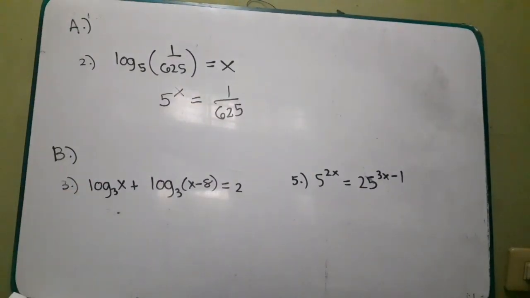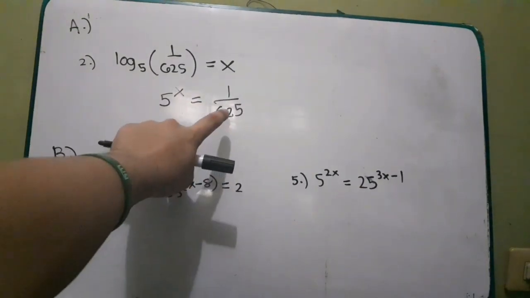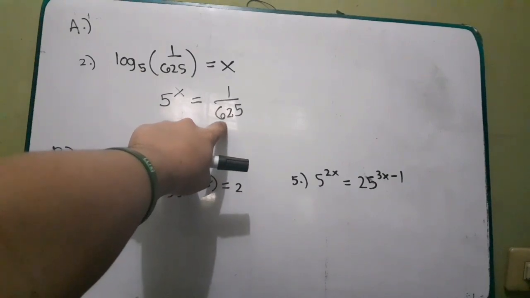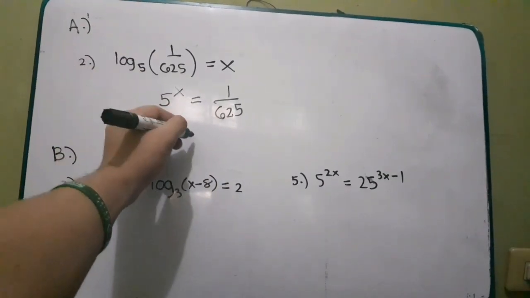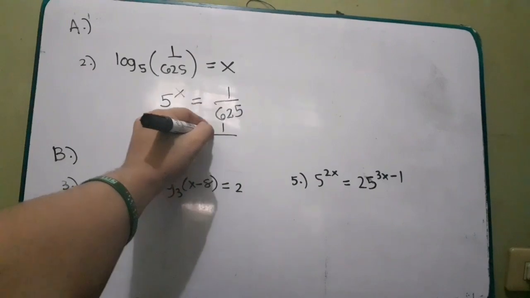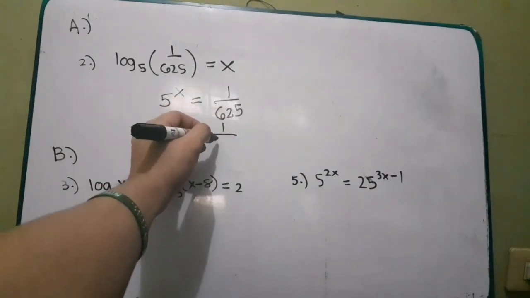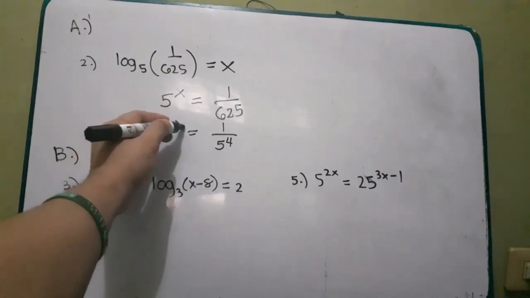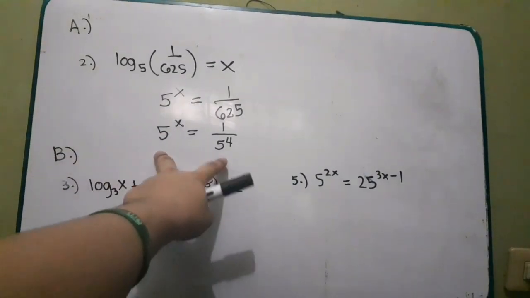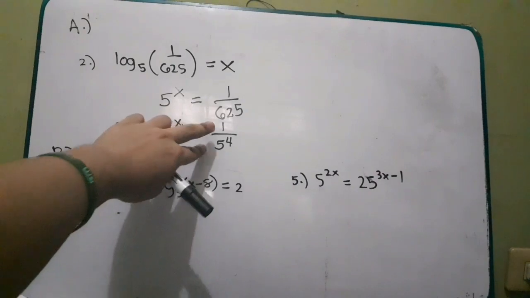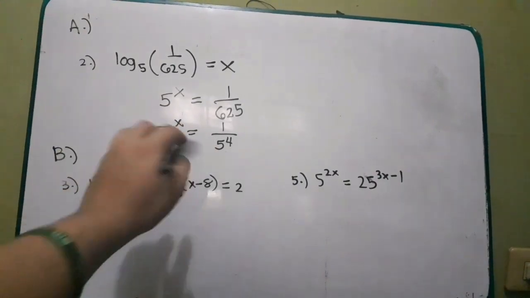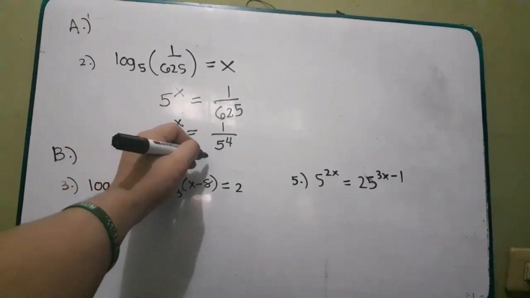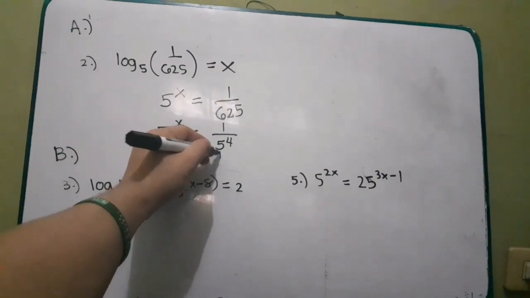Now, to solve this, we need to make it base 5. So 625 is actually 5 to the power of 4. So 5 to the x. Now, to equate them, 1 over 5 to the power of 4 is equal to 5 to the negative 4.